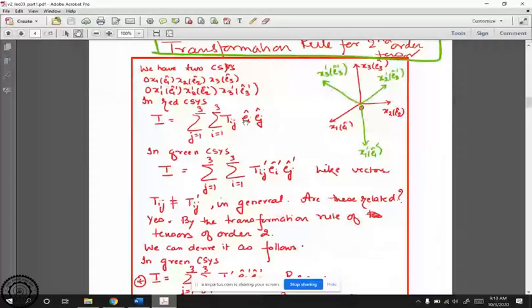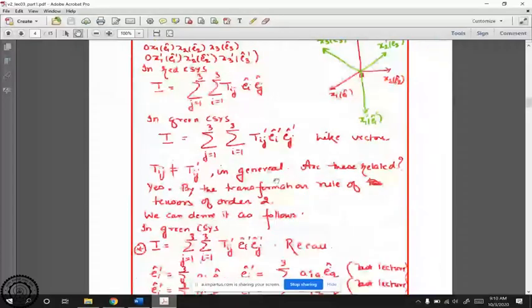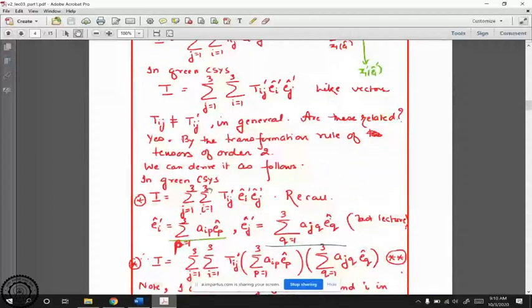In the red coordinate system, this is the representation of the tensor, no primes here. And in the green coordinate system, I have primes. Same question, are they related? Yes, by the transformation rule of a tensor of order 2, we can derive it as follows.